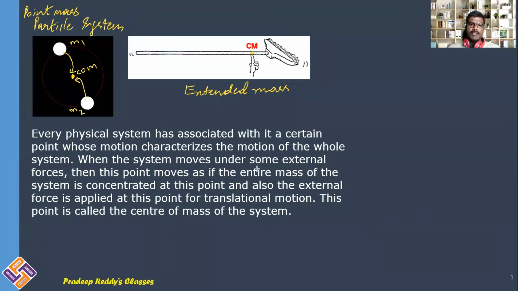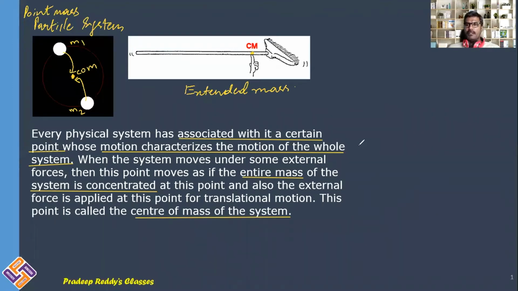So the importance of center of mass is that every physical system has associated with it a certain point whose motion characterizes the motion of the whole system. The whole system motion can be characterized by one particular point, and this point where the entire mass of the system is concentrated is said to be the center of mass of the system.